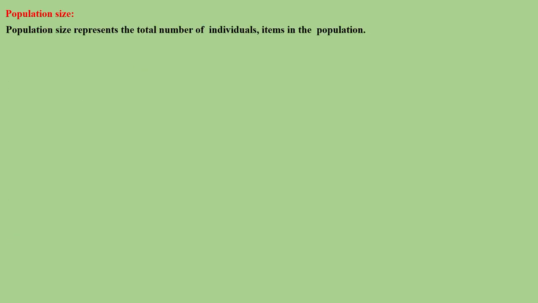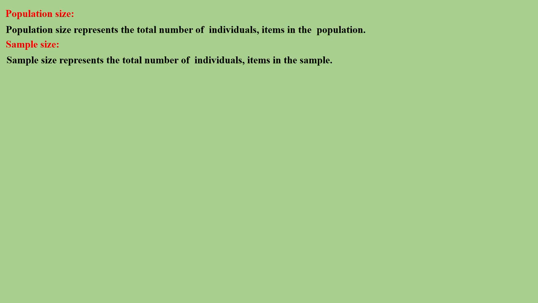Next, population size. The population size represents the total number of individuals or items in the population. Suppose the Indian population is 130 crores and the American population is 30 crores. That is the size. Production of the factory per month, 5 lakhs cars, is the size of the population.